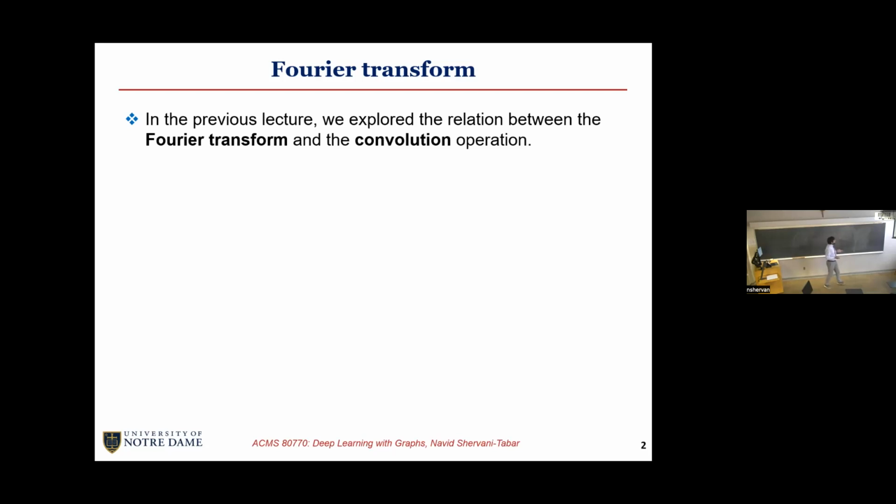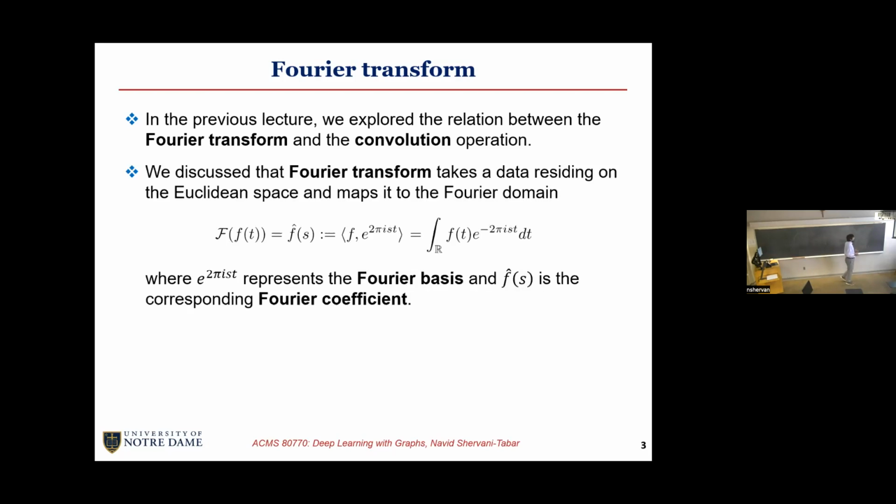So Fourier transform, we said that our motivation for looking at the Fourier transform is that we want to define convolution in the frequency domain as a dot product. So we don't want to do that convolution in the spatial domain. We can take information from the spatial domain to the frequency domain using the Fourier transform. The Fourier transform takes some signal, we show it with f here, and expands it using Fourier bases.